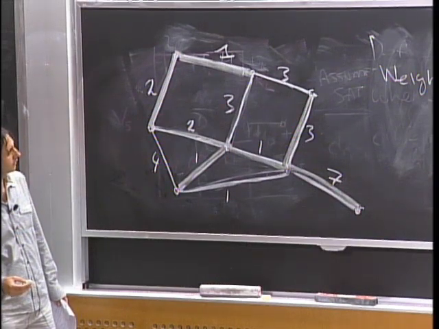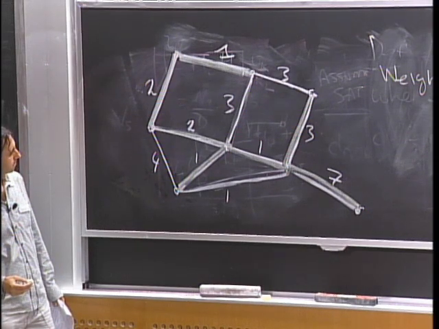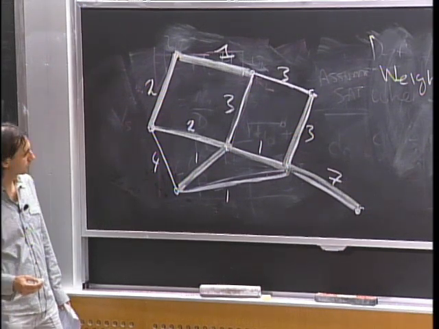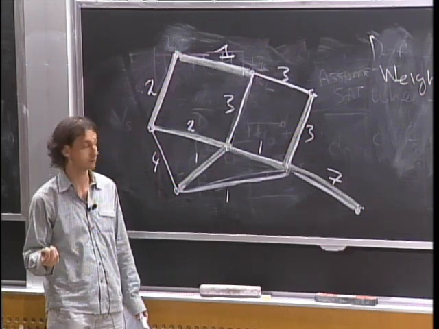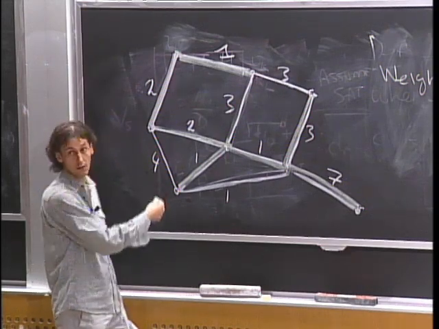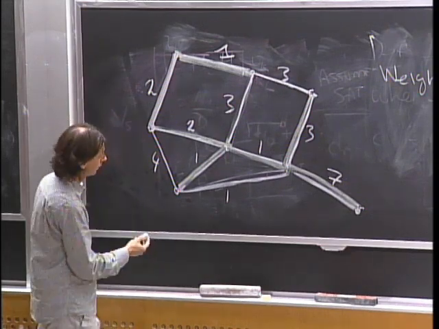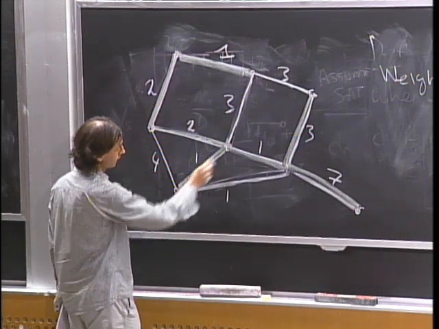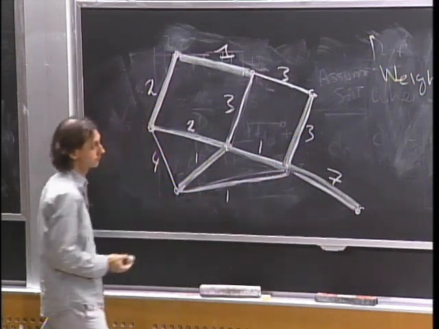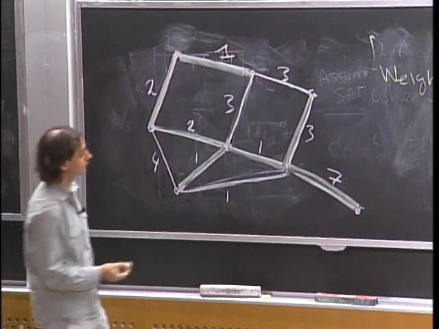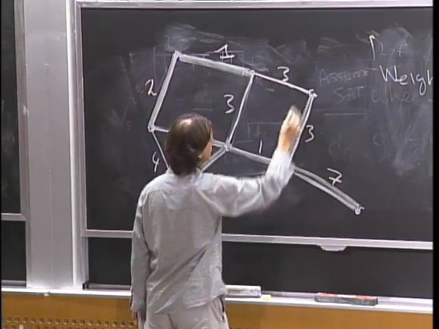Any edge in here seems to be pretty necessary. Of course, I could create other minimum spanning trees. It turns out that 17 is the minimum weight. For example, instead of this edge, I could use this edge. That's another solution. Or instead of this edge, I can use this edge.